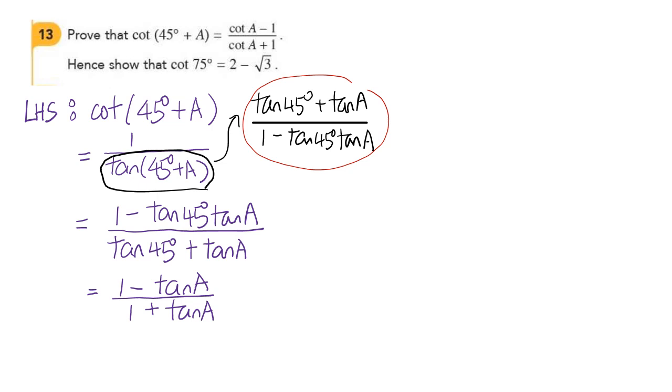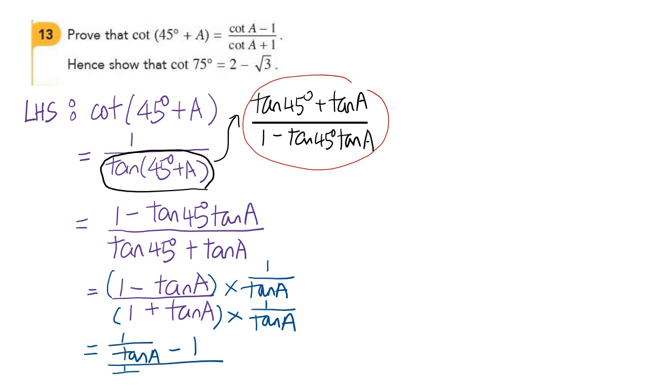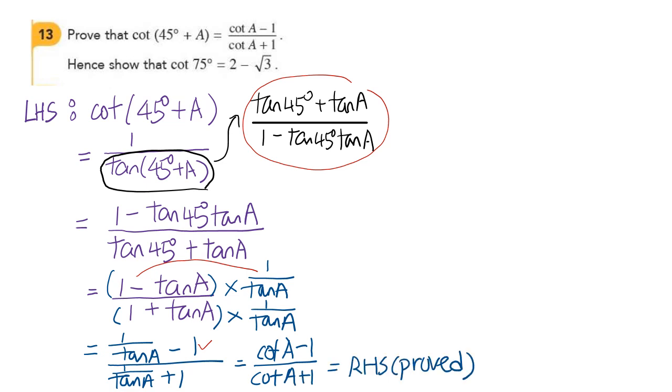The trick is just to multiply by cotangent A at the numerator and also at the denominator. Basically, you just multiply by 1 over tangent A at the numerator and the denominator. You see that 1 times this will give you 1 over tangent A, and tangent A times 1 over tangent A will give you 1. Then you just express 1 over tangent A as cotangent A. And that's what you're supposed to get for the right-hand side.